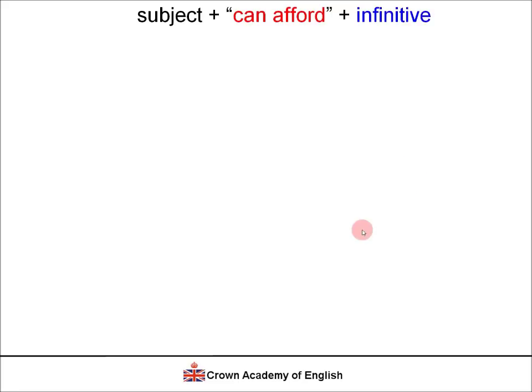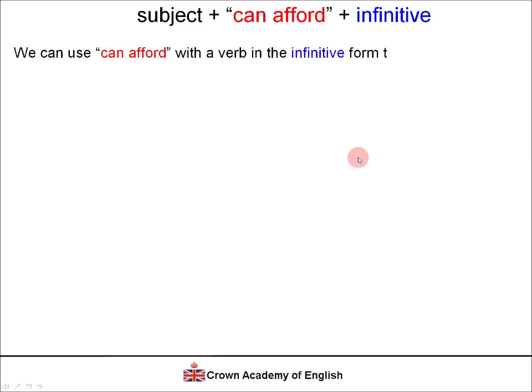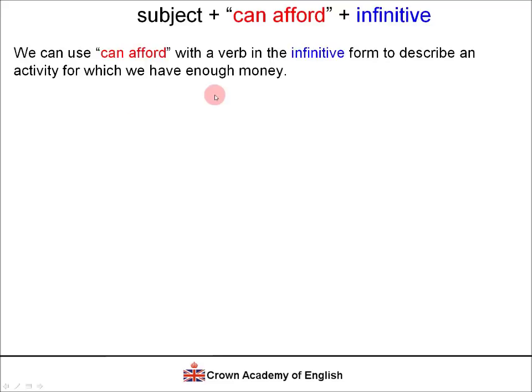And we also have a form of the subject plus can afford plus a verb in the infinitive form. So we can use can afford with the verb in the infinitive form to describe an activity for which we have enough money.